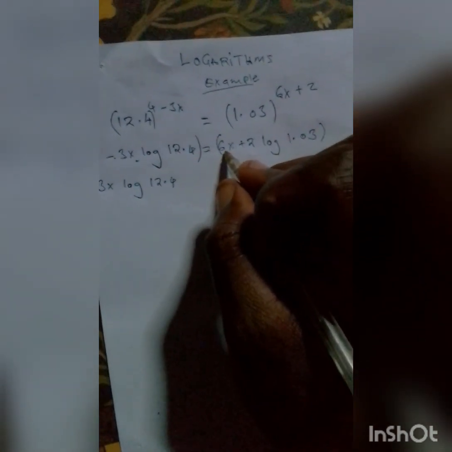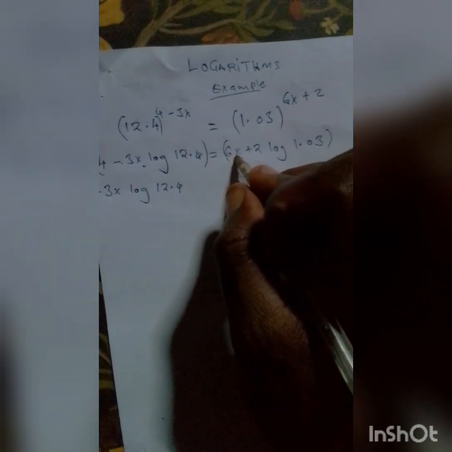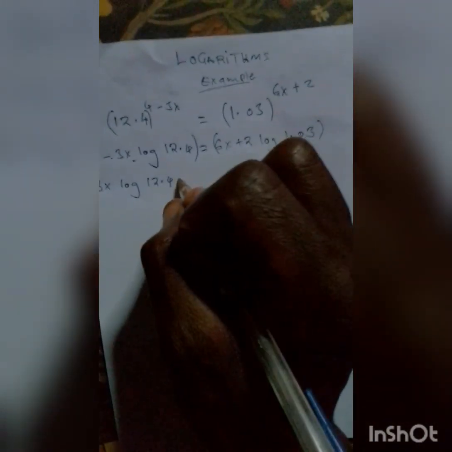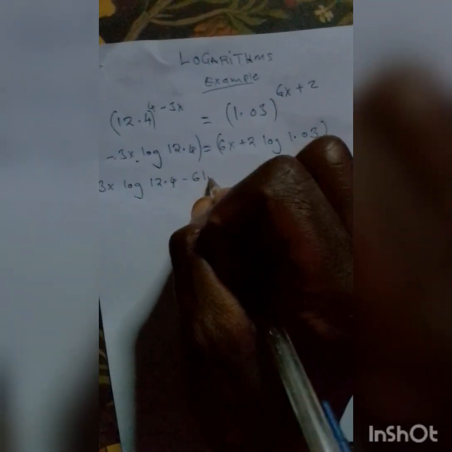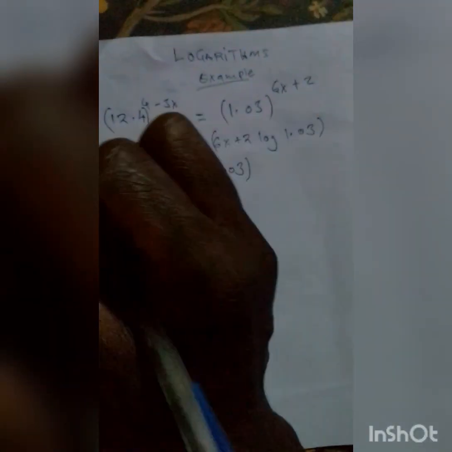Even on the right hand side there is x. This 6x is in positive form; when it jumps the equal sign, it will change into negative. So it will be negative 6 log 1.03. You put them inside the bracket. You separate these things from each other.